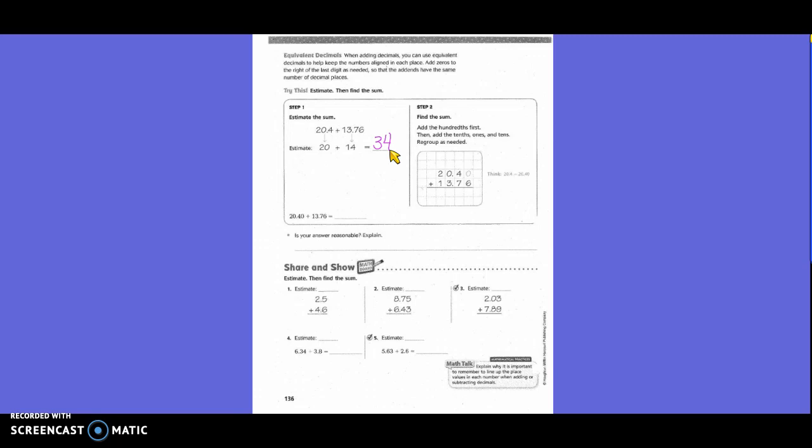Bring down my decimals to keep everything in line. 6 plus 0 is 6. 4 plus 7 is 11, put a 1, carry a 1. 1 plus 0 plus 3 is 4... 2 plus 1 is 3. So 20 and 40 hundredths plus 13 and 76 hundredths is 34 and 16 hundredths.